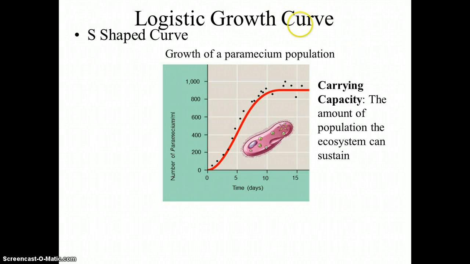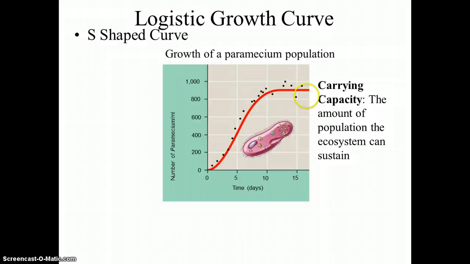So if you look, let me just see if I can get this mouse. Okay, so here there's 1,000 of them. Well, that's overcrowded, so then they start to die. And then now they're down to 800 over here, and so that means there's plenty of space, and so now they can grow more.